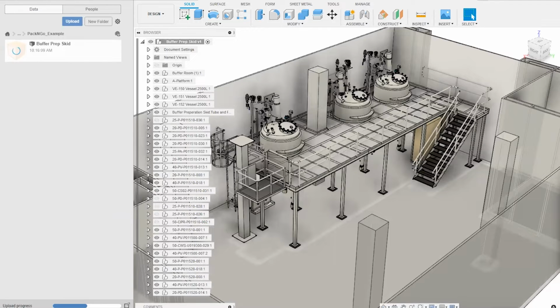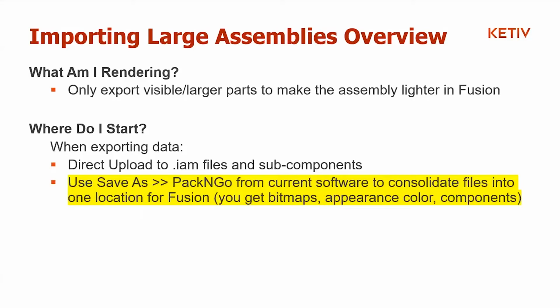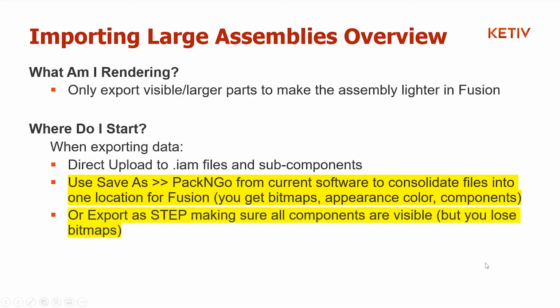And I'll let that load. In the meantime, while that loads, let's look at our third option, which is exporting as a step file. This actually makes a much lighter model for you to bring into Fusion. So if your assembly is very large and it's lagging way too much when importing into Fusion, consider exporting as a step file, making sure all your files are visible when doing so, because if they're not, the step file won't show them.